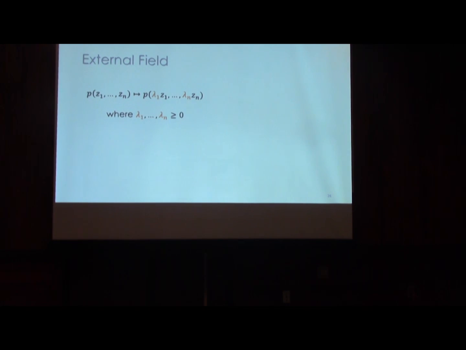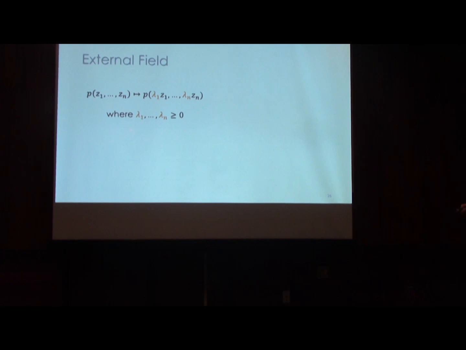There is also an operation which is often called an external field. I think that's coming from physics. If you have lambda i's which are non-negative numbers, and you replace each z_i by lambda_i z_i, then it's still going to be real stable.